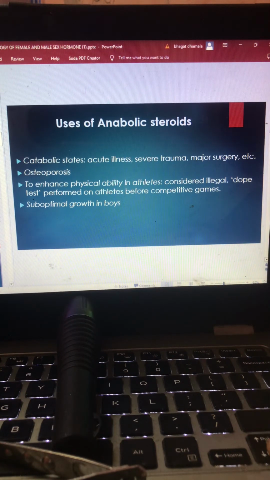They are used in catabolic states such as acute illness, severe trauma, major surgeries, etc. They can also be used in osteoporosis. Similarly, they are used to enhance physical performance in athletes, which is considered illegal, and hence dope tests are performed in athletes before competitive games. They can also be used in suboptimal growth in boys.